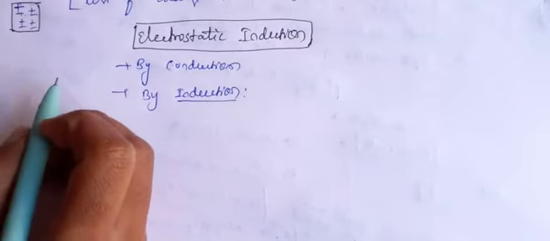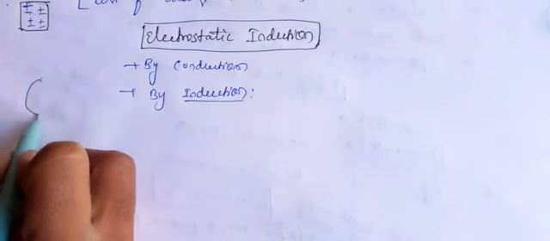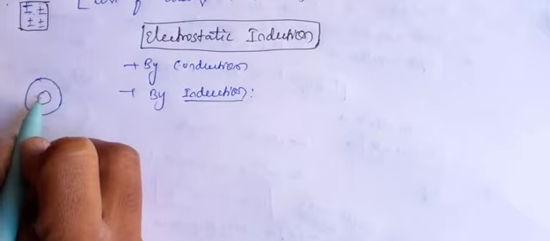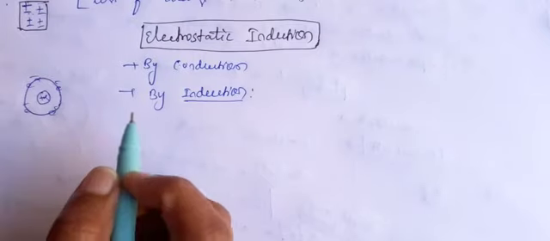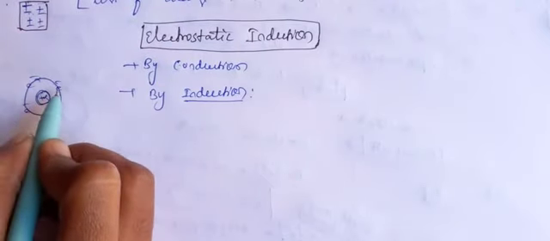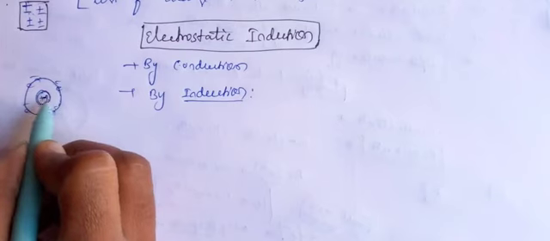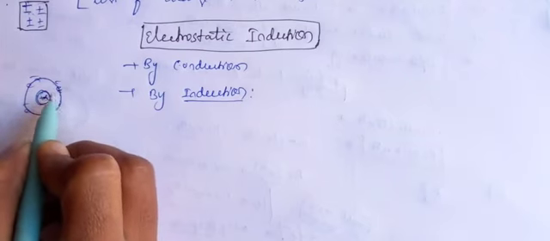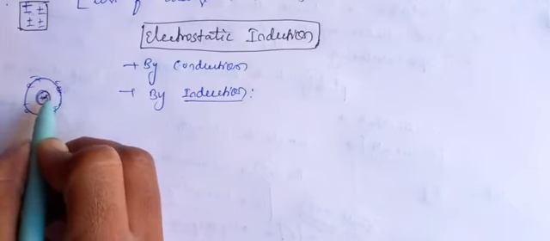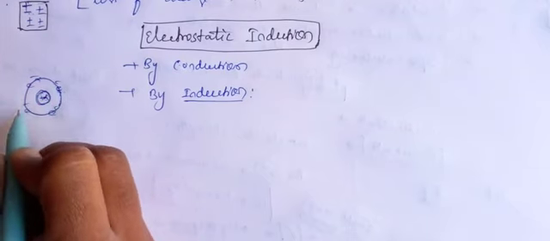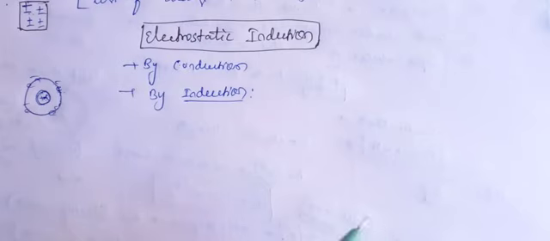Let us consider this is one atom. Here we have the positive charge, that is the nucleus, and here are the electrons which revolve around the nucleus. As the nucleus is positive and the electron is negative, there is an attraction between the electron and the nucleus. That's why the electron revolves around the nucleus in a particular orbit.